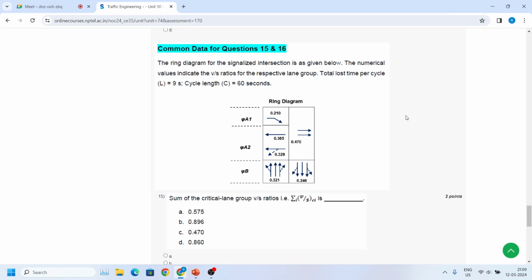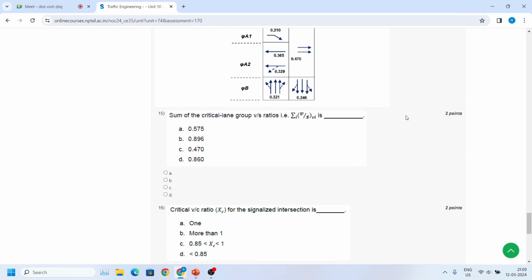So C is 60 seconds. That's the cycle length. Total lost time per cycle is 9 seconds. So that's 60 divided by 51, and the sum is like, okay.